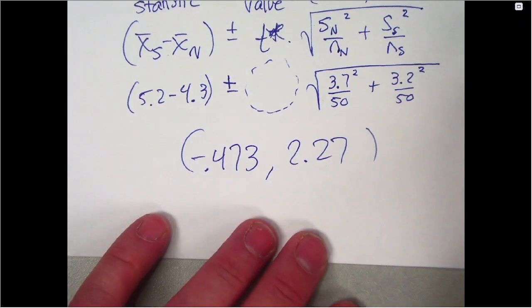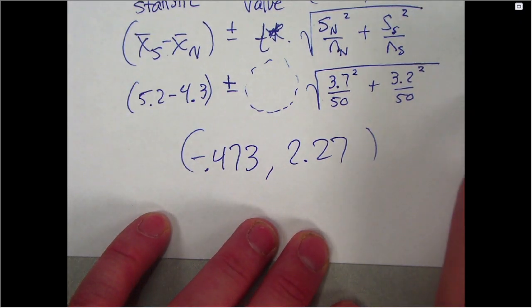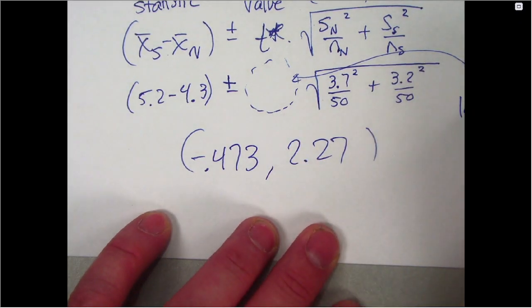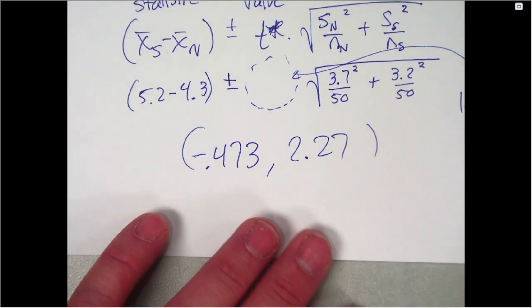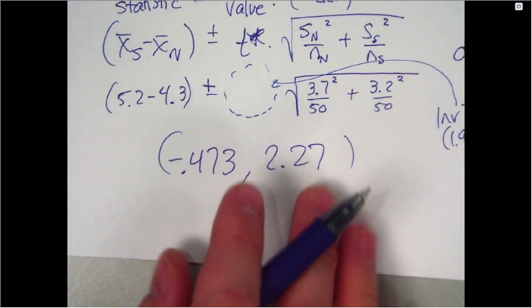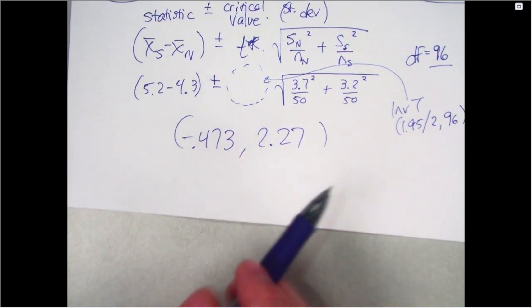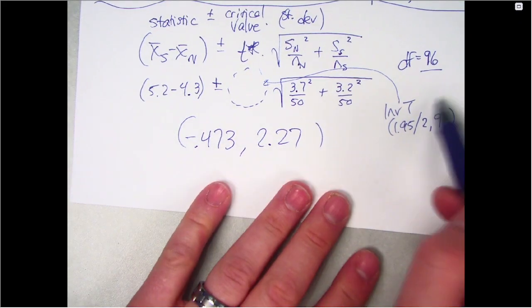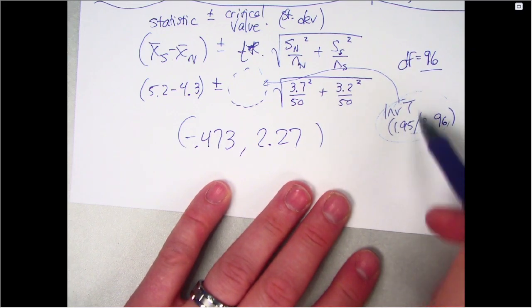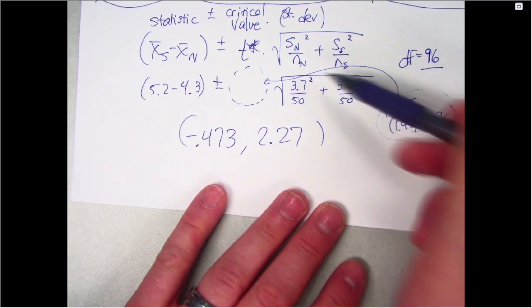So if I know my degrees of freedom, to find that T star, I'm going to go inverse T of 1.95 divided by 2, comma 96. You don't have to write this part on your paper, right? I'm just doing it to show you what I'm doing.